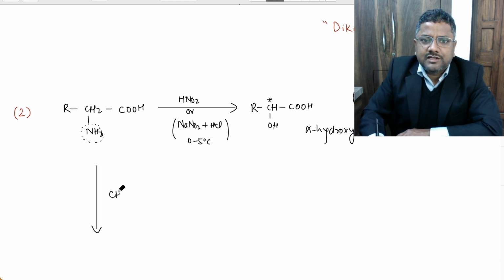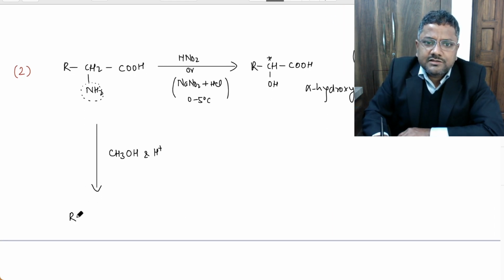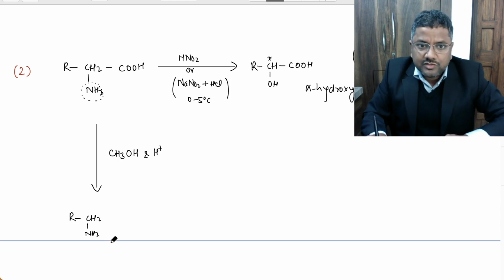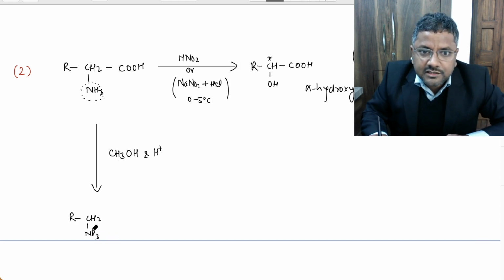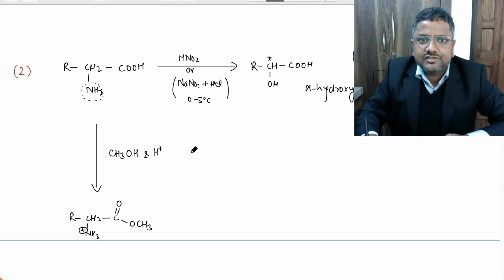Now, esterification. Suppose that if you take methyl alcohol and H plus, so this carboxylic group is involved here. So what we get are R, CH, NH2. Medium is acidic, so here we can write NH3 plus, COOCH3, right?